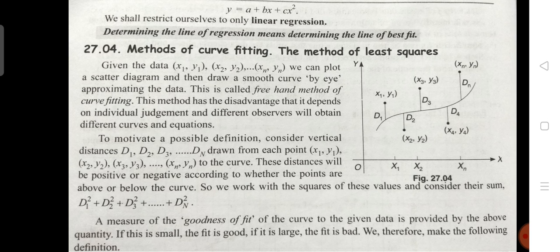If we are given the data x1, y1, x2, y2, up to xn, yn, and we plot a scatter diagram, the points are scattered here and there. Then we draw a smooth curve approximating the points by eye. By eye means we just draw it.